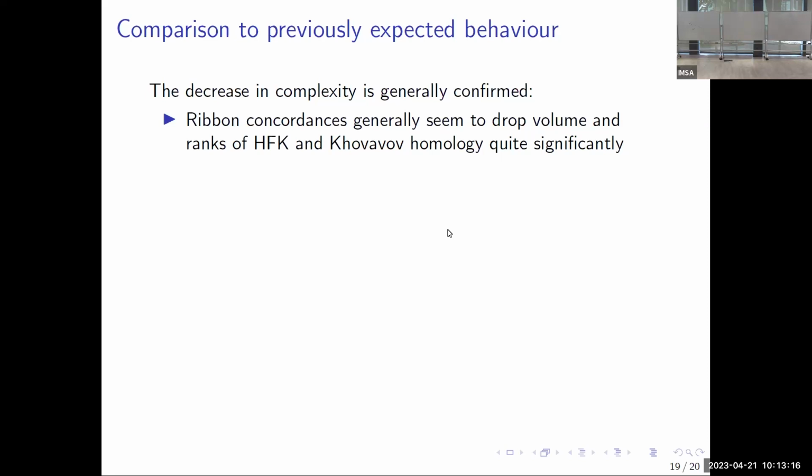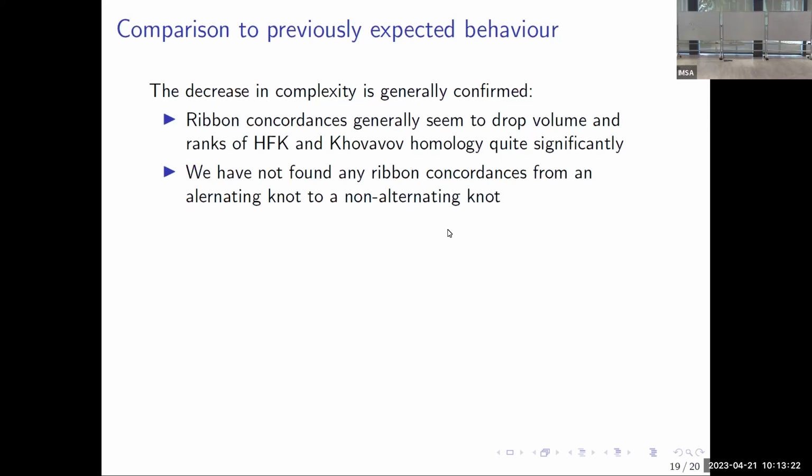One thing we actually didn't expect, or maybe we should have expected, is that we did not find any ribbon concordances from an alternating knot to a non-alternating knot. Maybe we should have expected this, because alternating versus non-alternating is at the base level of complexity: non-alternating knots are more complicated than alternating knots.